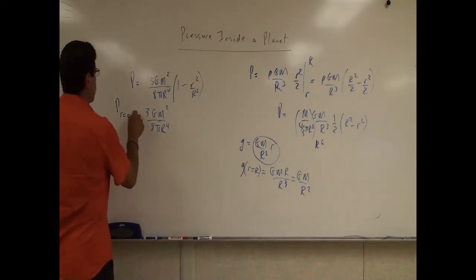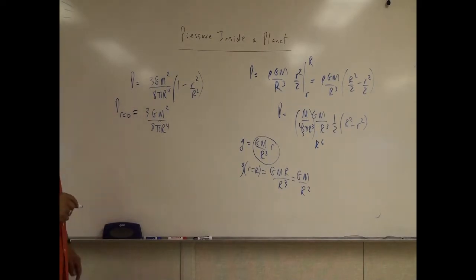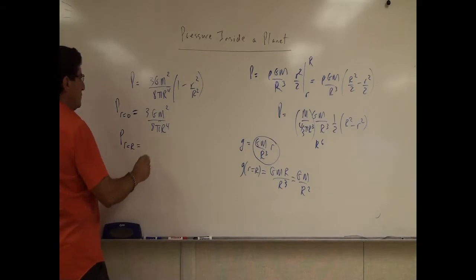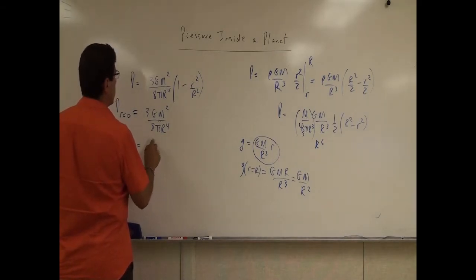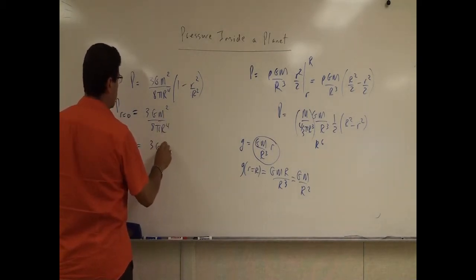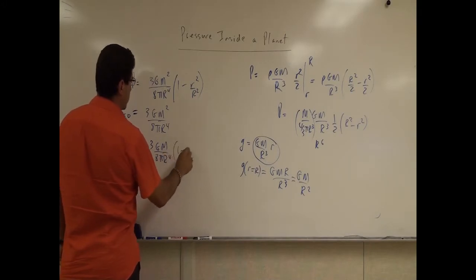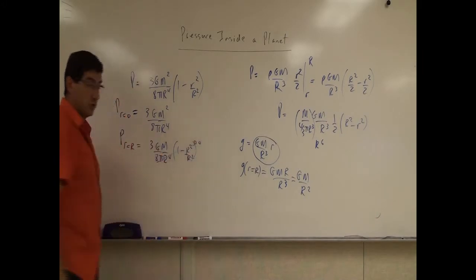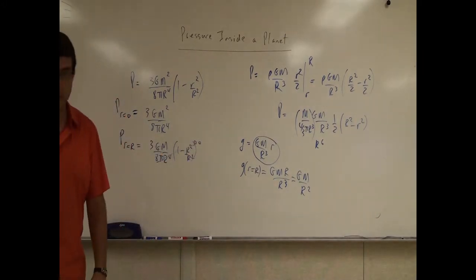And then if we put little r equal to big R, what's going to be the pressure? Then it's going to be equal to 3 G M over 8 pi R to the 4th, times 1 minus R squared over R squared. So of course 1 minus 1. When you get to the surface, the pressure is 0, right?